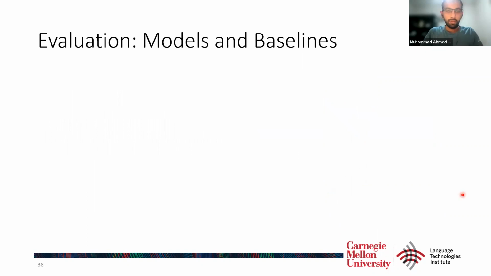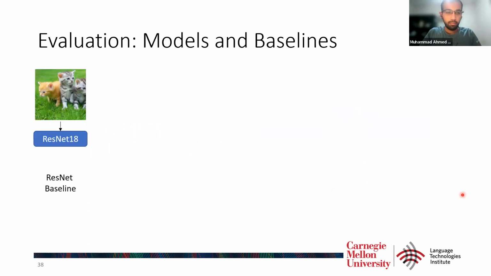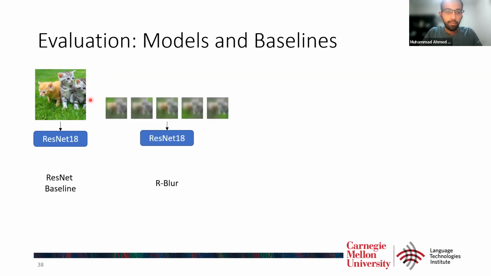Now, to evaluate our approach, we use a variety of models and baselines. Our first baseline is a basic ResNet; we are using the ResNet 18 architecture for all our models. This model just gets the clean image and is trained on the clean images as is. So this is the normal baseline. Then we have our blur, which we evaluate by giving it images at 5 different fixation points, and then we average its outputs, as I mentioned earlier.